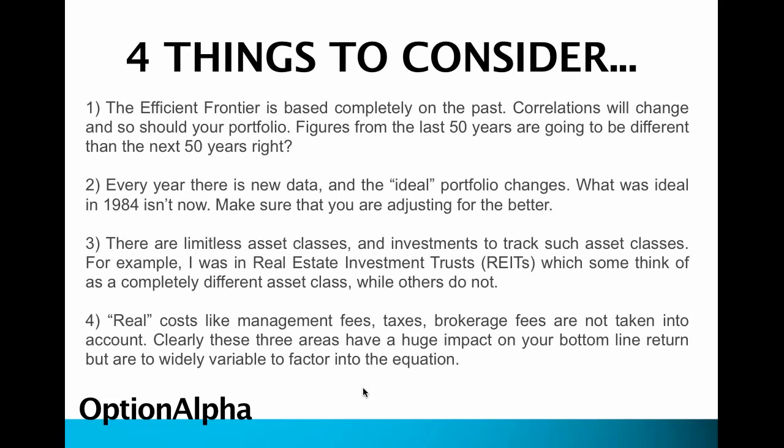So there are 4 things to consider, and I'm going to go over these in detail. The efficient frontier is based completely on the past. Correlations will change, and so should your portfolio. Remember that figures from the last 50 years are going to be different than the next 50 years, right? And this is very easy to understand. In the last 50 years of trading, we didn't have as many tech and computer and internet companies.